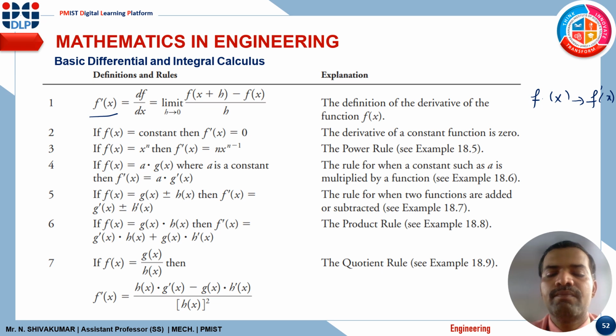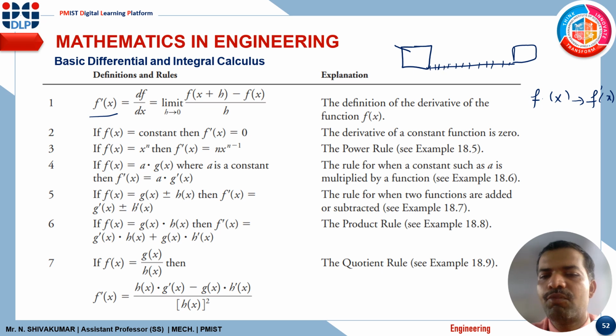So for example, a bus is traveling from one location to the other location. For each time frame we are dividing. So this is somewhat relevant to differentiation. How does the value become more and more accurate?